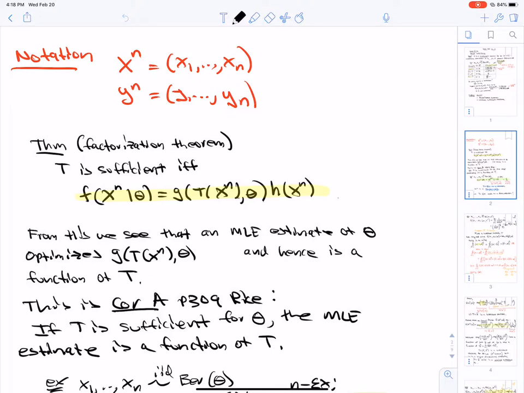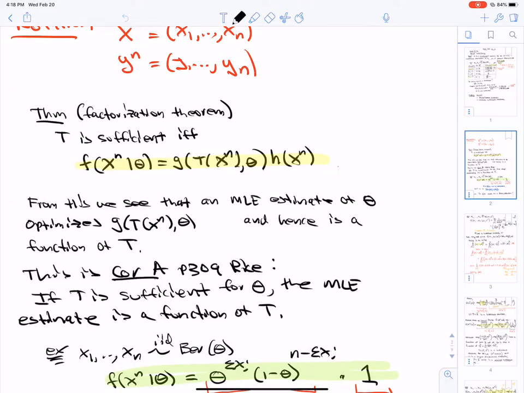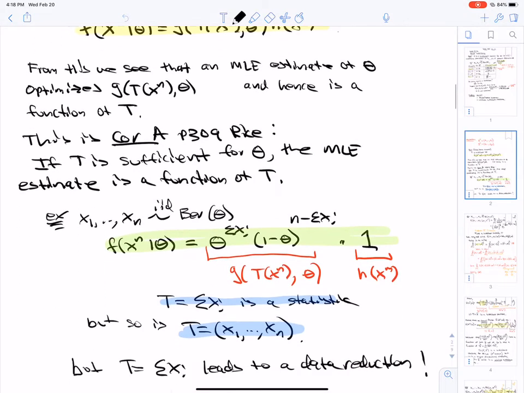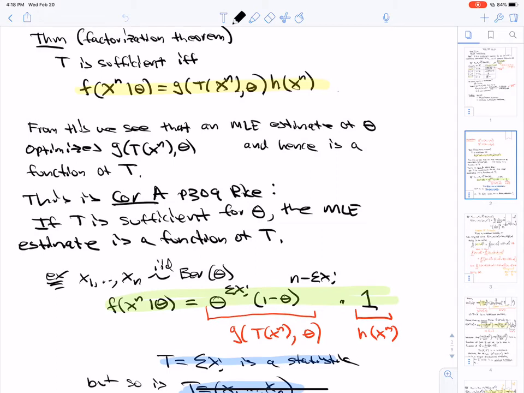The factorization says that T is sufficient if and only if the density can be factored into two functions, one involving T and theta and the other one just involving x1 to xn.